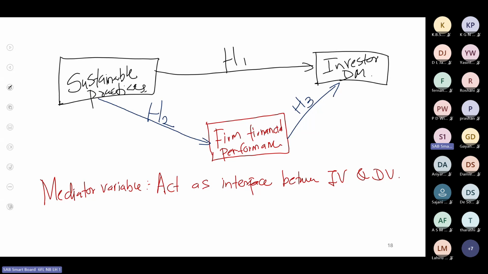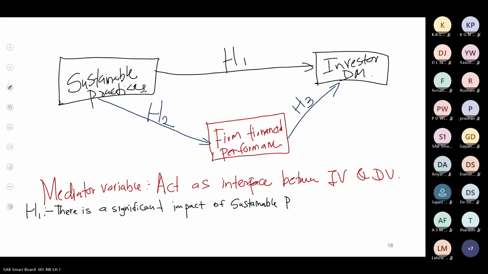We'll now write the hypotheses H1, H2 and H3. H1 means there is a significant impact of sustainable practices on investor decision making.